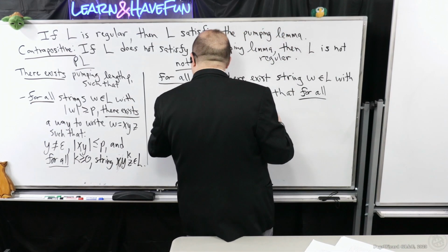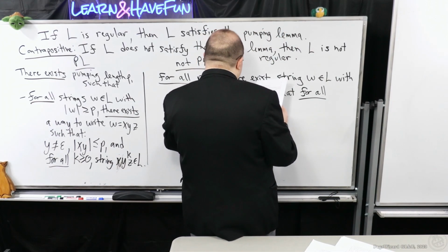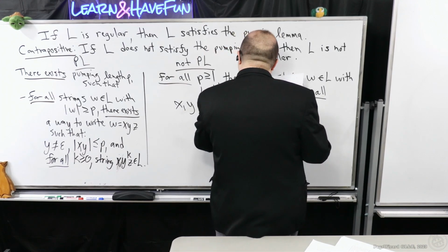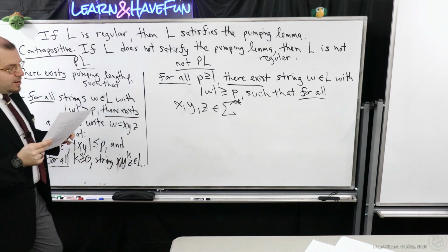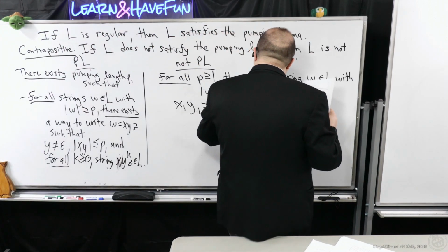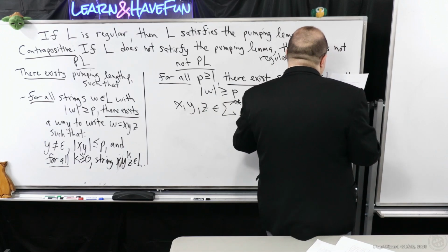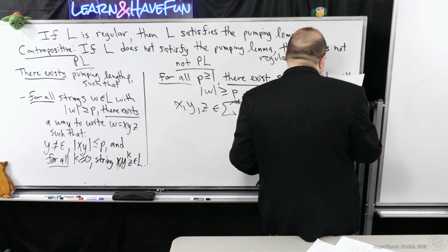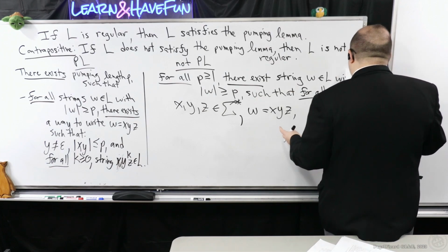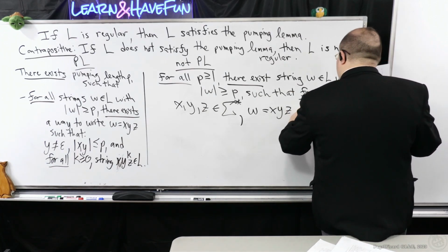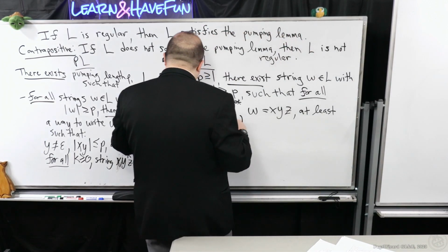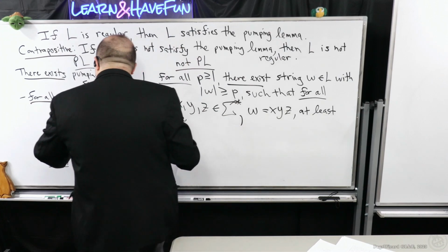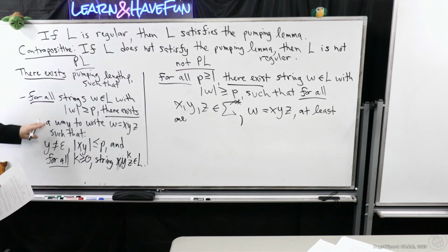x, y, z that are in sigma star, w is equal to xyz, at least one condition, because remember, it has to satisfy all of these, right? So for it to be invalidated, one of these has to be false.